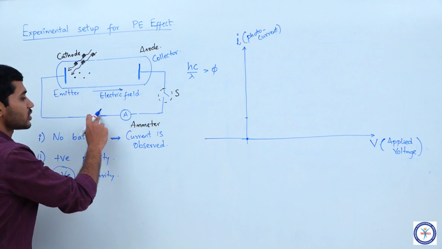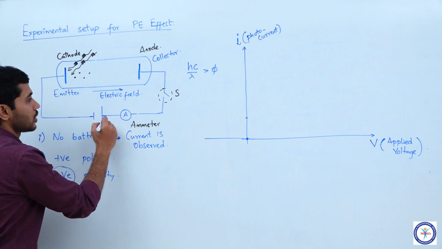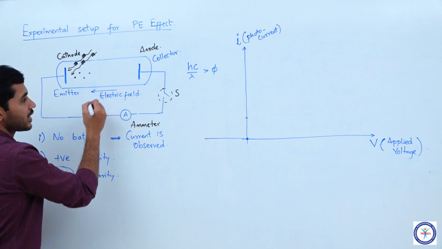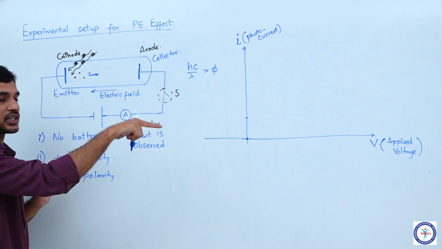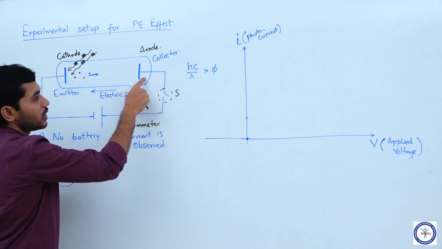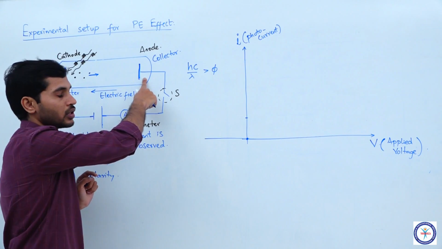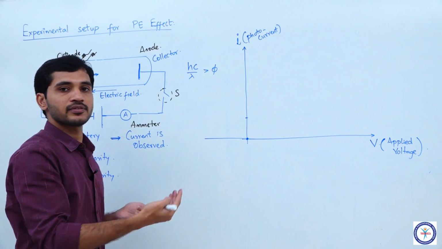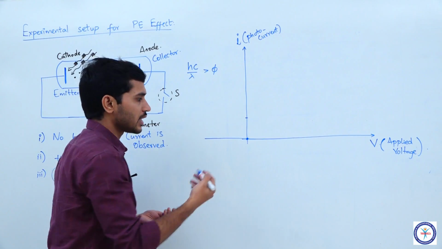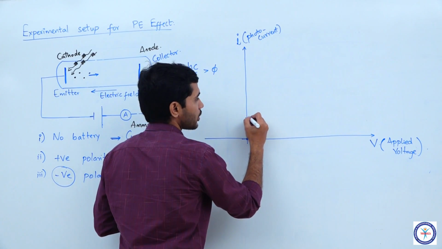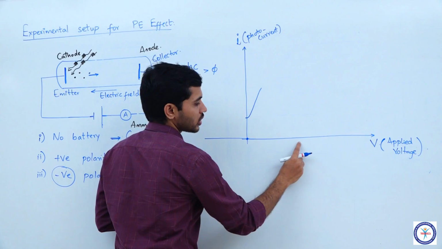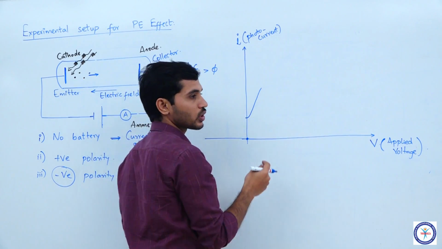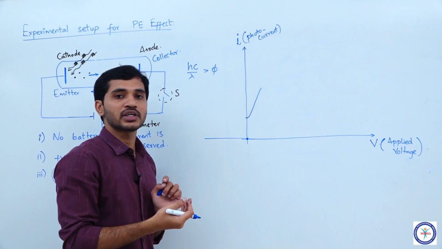If the polarity was like this, the electric field was like this, and the force on the electrons was in this direction, and the electrons were pulled towards the anode. In that case we have understood that the current should increase, and that is exactly what would happen. As you keep increasing the voltage, the photocurrent in the circuit also increases continuously.